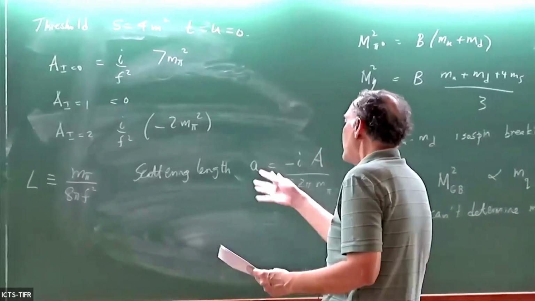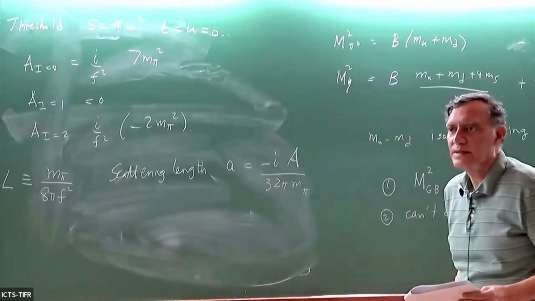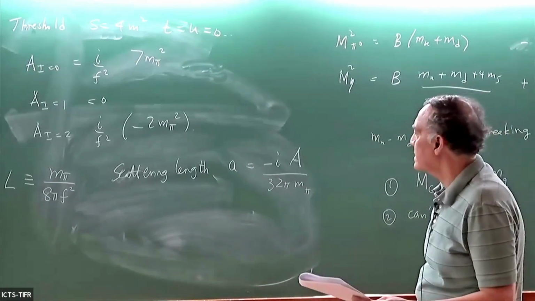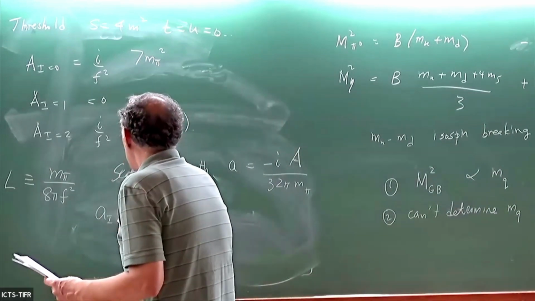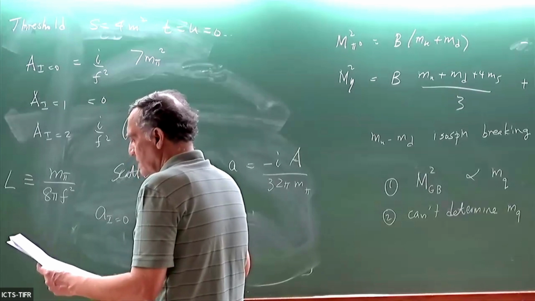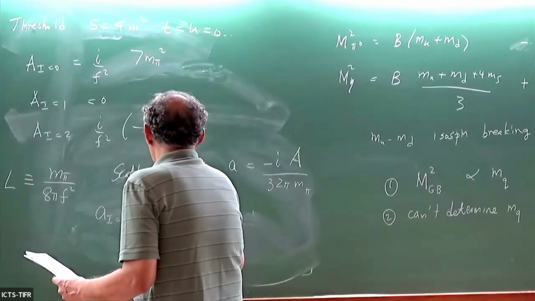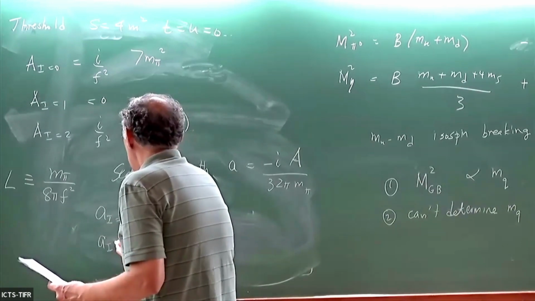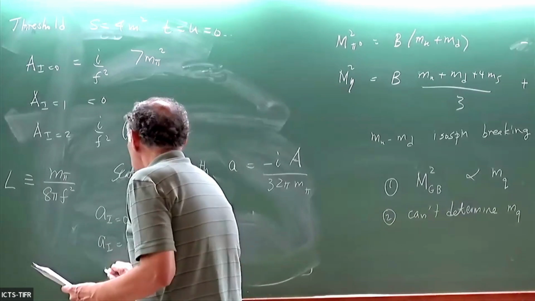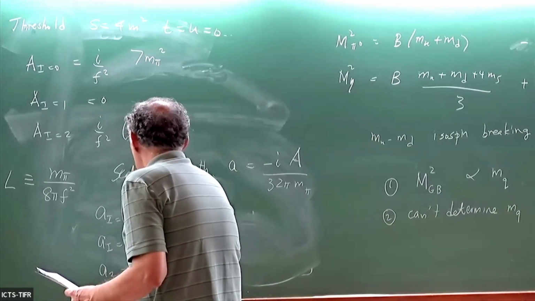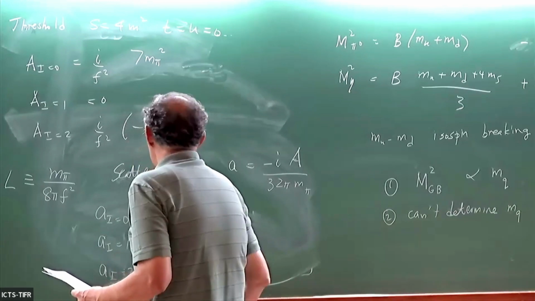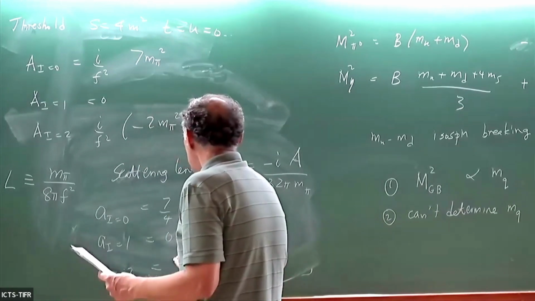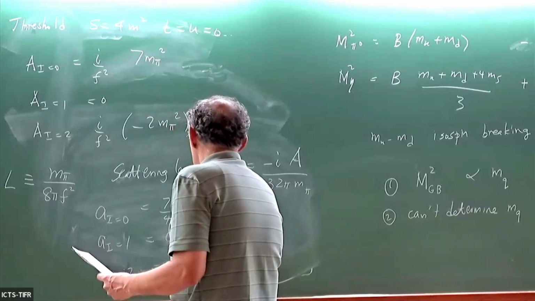Okay, forget why. This is some historical thing, and I have no idea why it's done this way. But if you plug this in, you find the pion scattering length in the isospin 0 channel is 7/4 times L. In the isospin 1 channel it is 0. In the isospin 2 channel it is minus a half L.